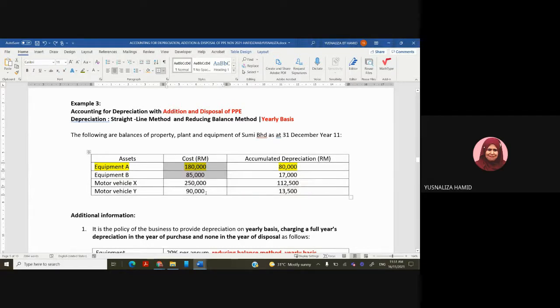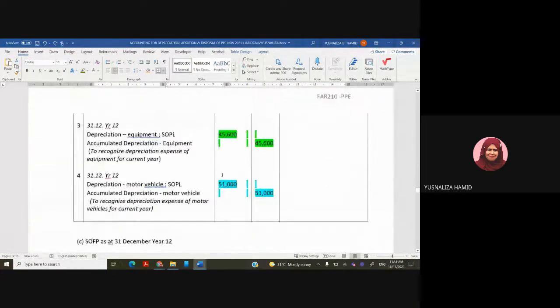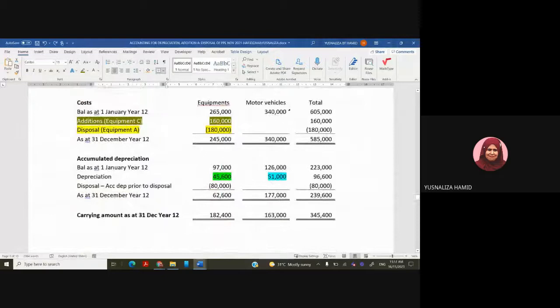And 340, that was the first line in your costs, in your PPE, 340. You will see there was 340, right? That 340 was actually as a result of that 250 plus 90. I'm talking about this, the one here.